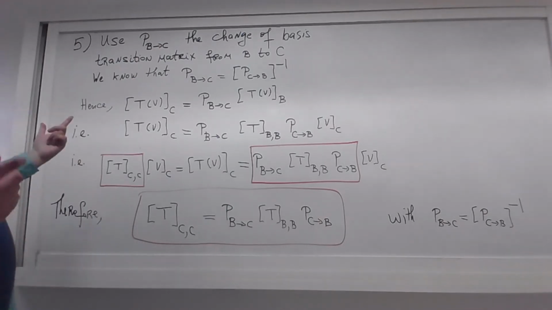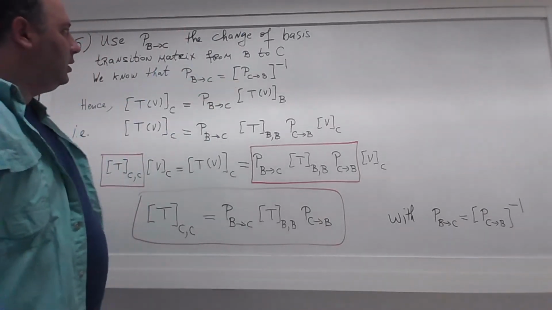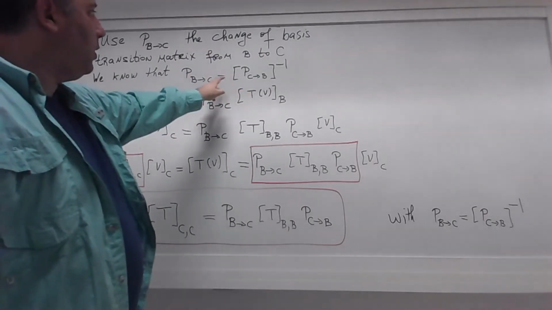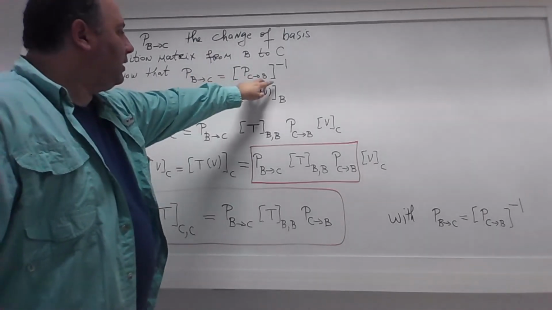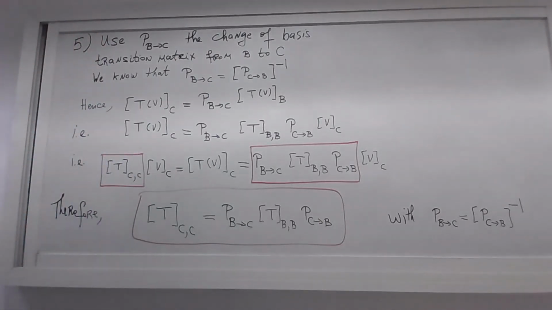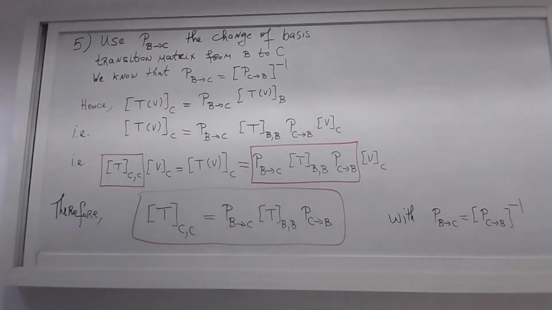Well, we remember, hey, this guy is just the inverse of the previous guy. The transition matrices are square and invertible, we know that. So to go from one basis to another, once you have one matrix, its inverse gives you the transition from B to C. Okay, cool. So that's easy. Well, it's easy, you still need to compute it.